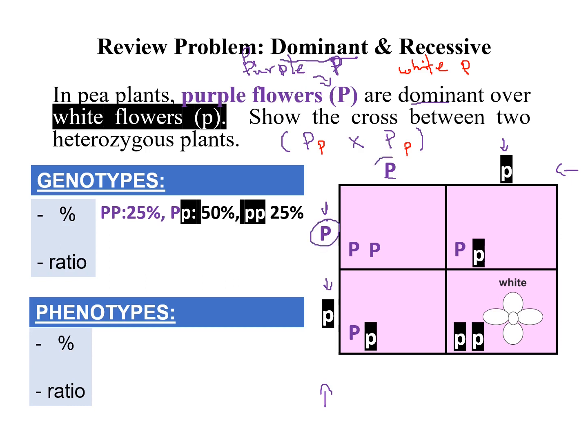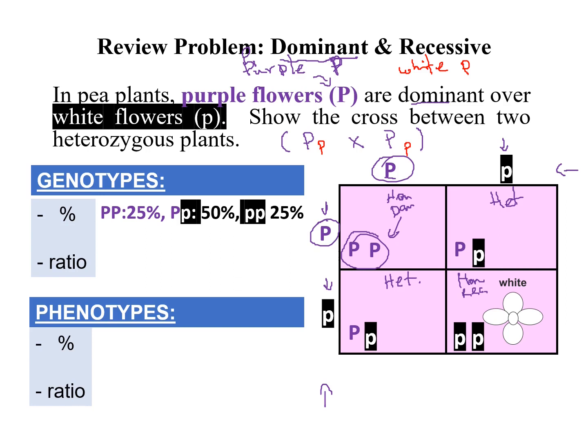These two will give us, as you have these two capitals, here you will get the PP in purple, that will be homozygous dominant. Here you will get a heterozygous, and here you will get another heterozygous, and here you get a homozygous recessive.